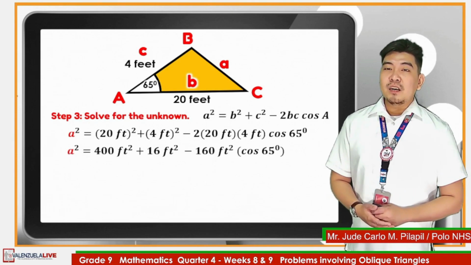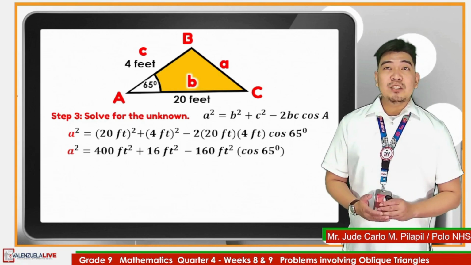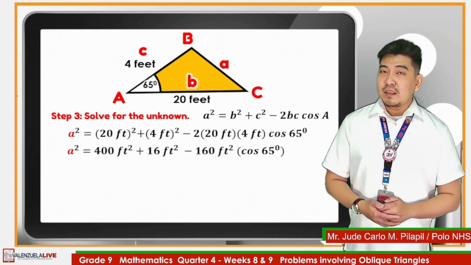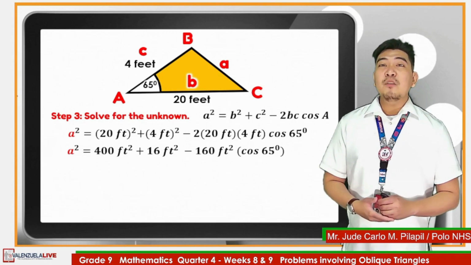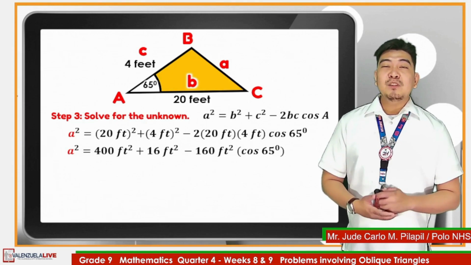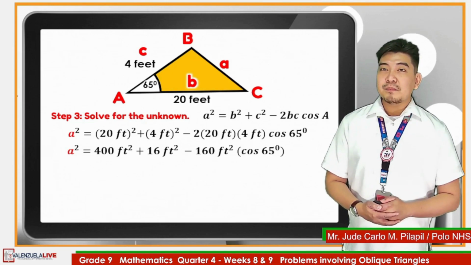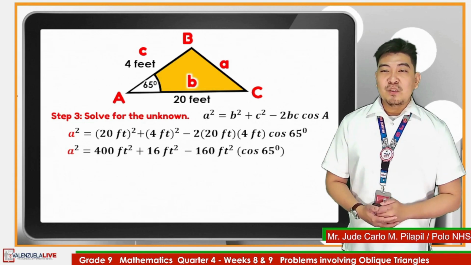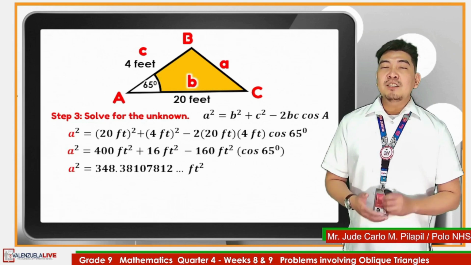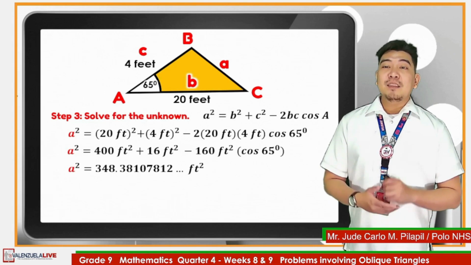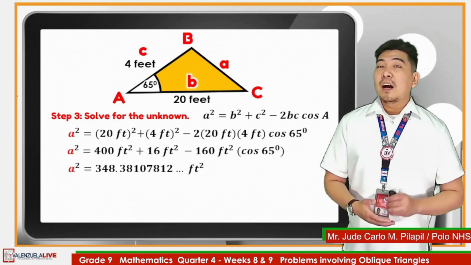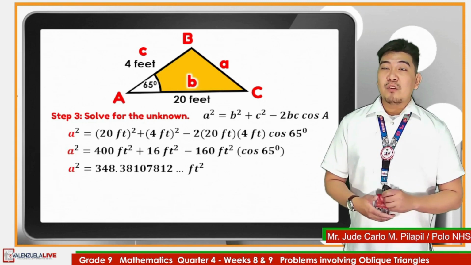Simplifying this further, we now have the equation A squared is equal to 400 square feet plus 16 square feet minus 160 square feet times cosine 65 degrees. Using your scientific calculators, A squared is equal to 348.38107812... square feet.